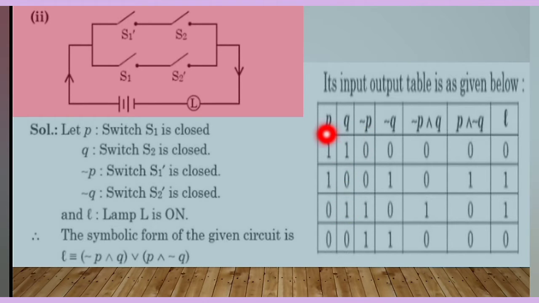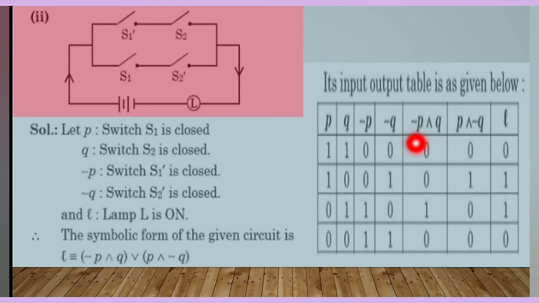And negation P means the opposite of this. Here if P is 1, the opposite of 1 is 0, so write 0. If 0, then write 1. Similarly negation Q: write the opposite of this truth value.